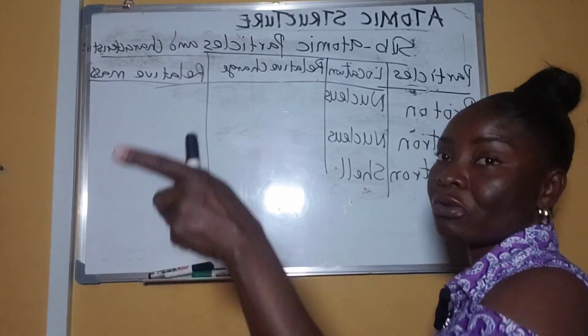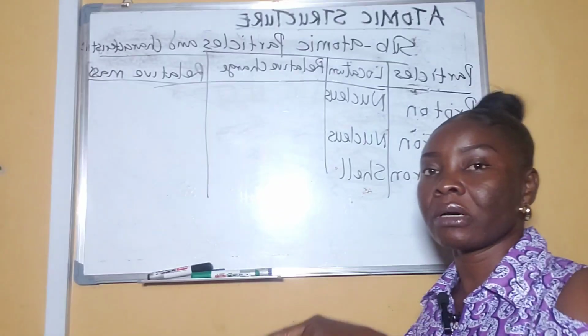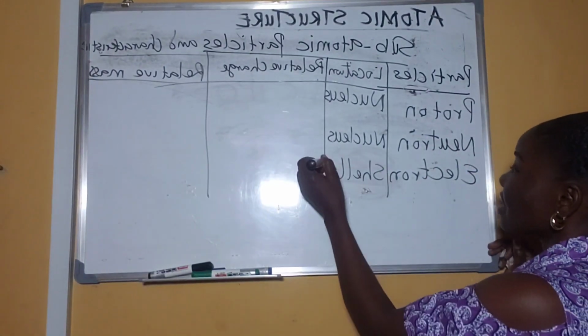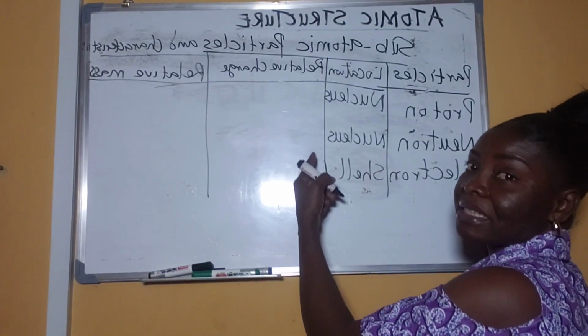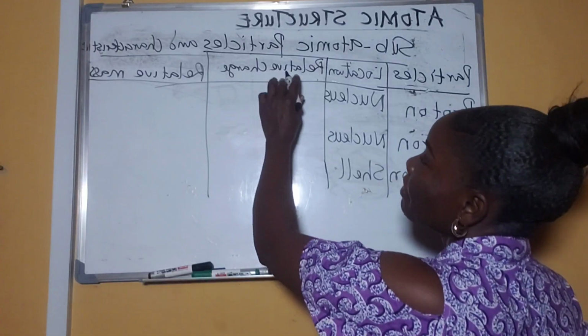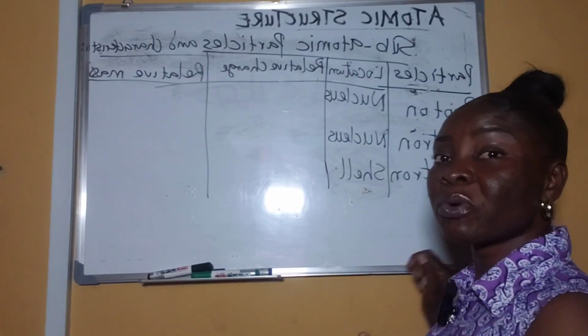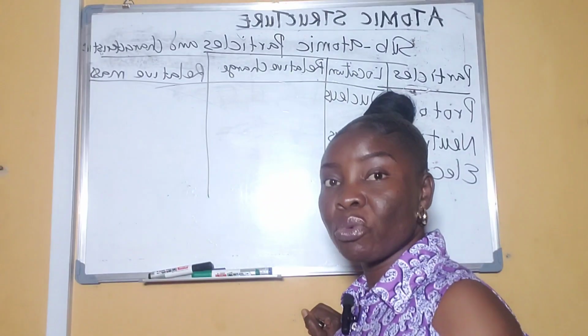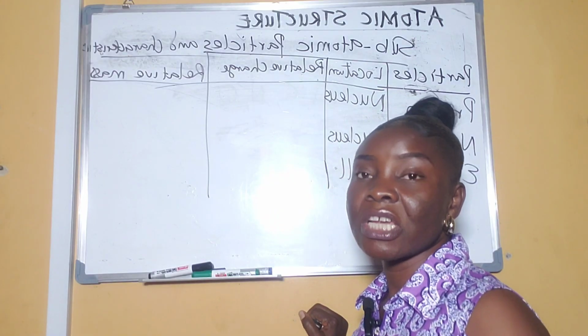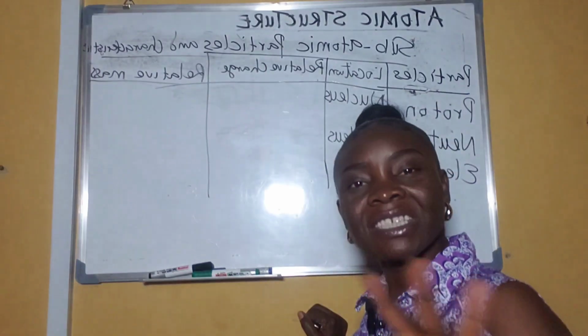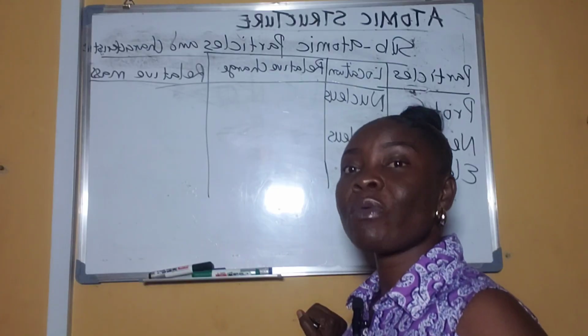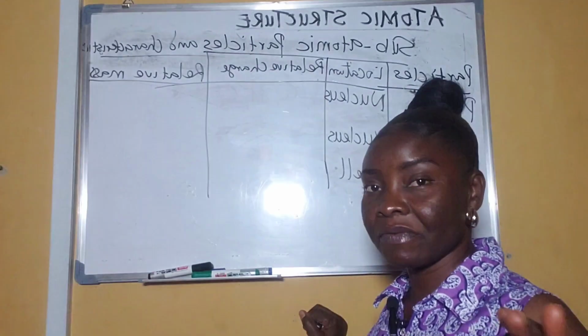Remember I mentioned that electrons revolve on the shells. So these are the locations where you can find them inside the atom. Then let us look at their relative charge. Proton is positively charged. Neutron doesn't have any charge, whereas electrons are negatively charged.